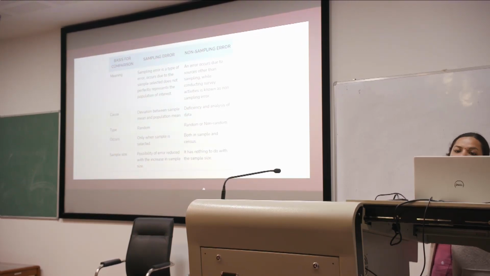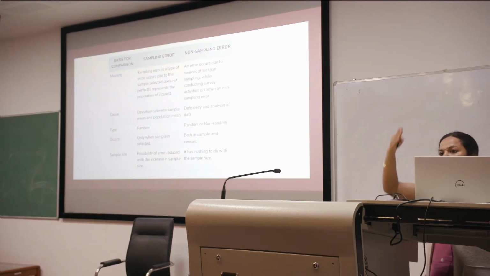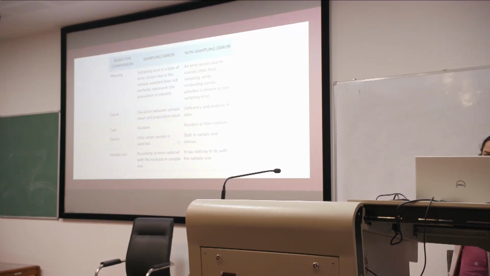That is where non-sampling error can happen. Then there is the deviation between the sample mean and the population mean. A sample will have some kind of distribution, right? That should represent the total population. If it is not matching, if there is a great variance, that will be sampling error.